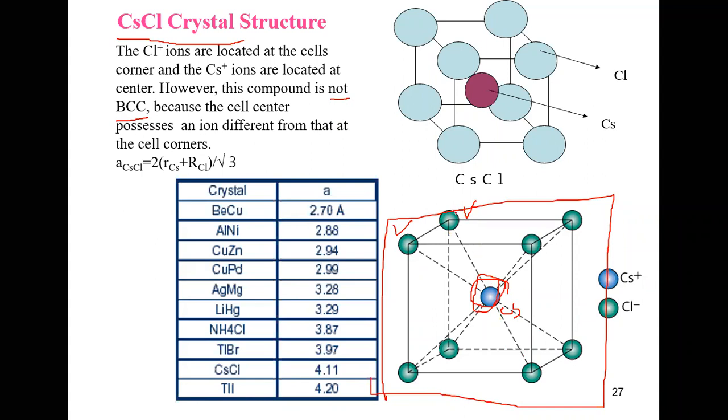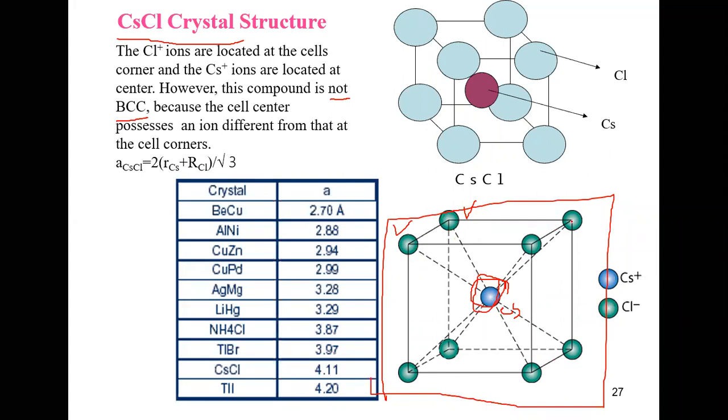If you look at this space lattice, again it has two sublattices: one is the cesium sublattice and the other is the chlorine sublattice. Obviously, we can see the chlorine sublattice forms a simple cubic crystal structure.